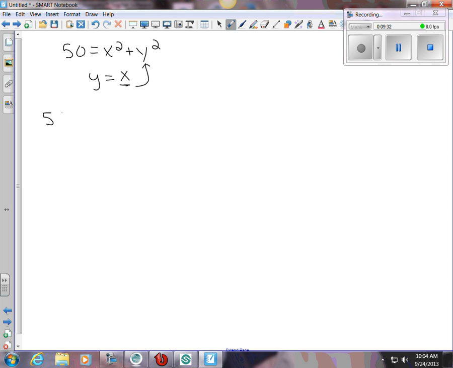So 50 equals x squared plus x squared, right? That's going in place of my y squared. Substitution, that's what it's called. What's x squared plus x squared? 2x squared. All right, now what? Divide by 2.